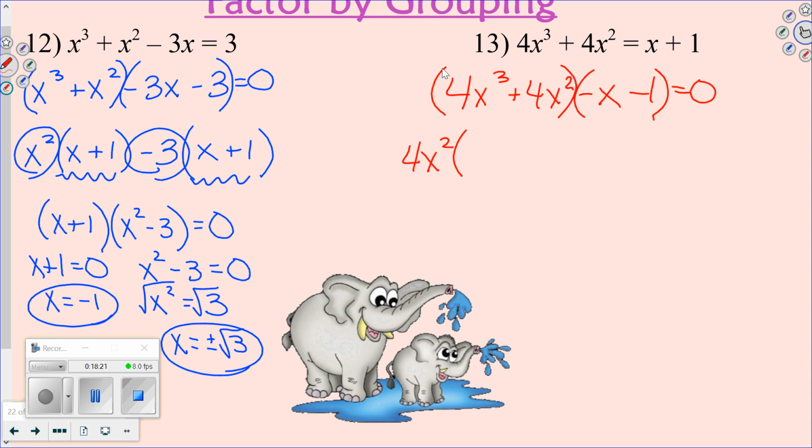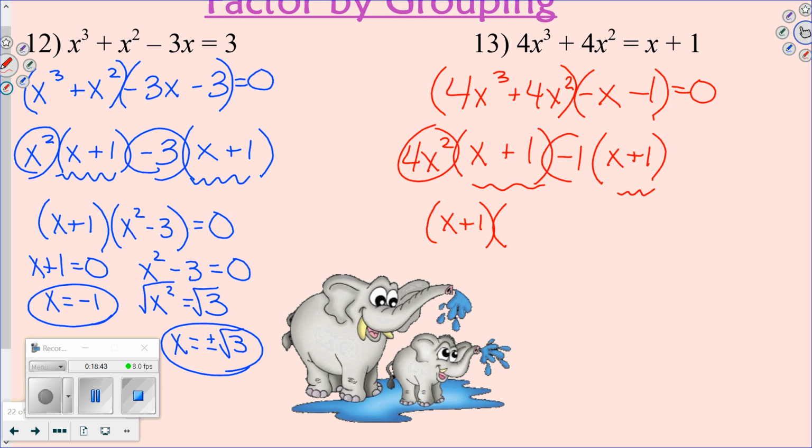I have x what? Plus 1. A lot of you are losing that plus. You're like, yeah, I took it out, I have nothing left. But remember, you're dividing that. So 4 divided by 4 is 1. GCF in the second set, negative 1, which leaves us with x plus 1. So then I have this common factor of x plus 1. And the leftovers is 4x squared minus 1.